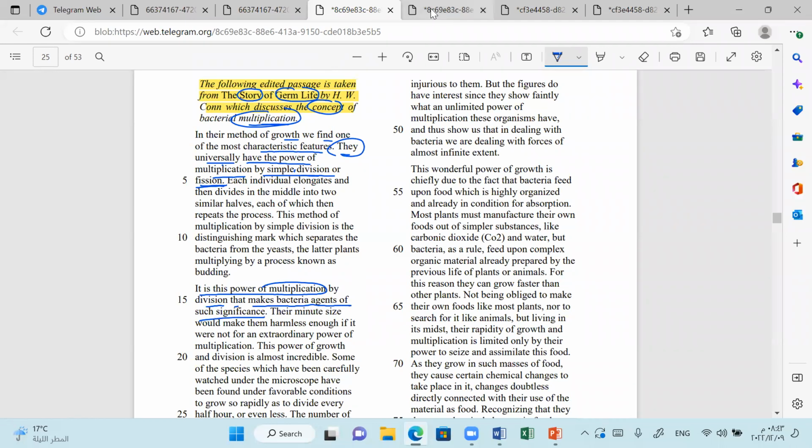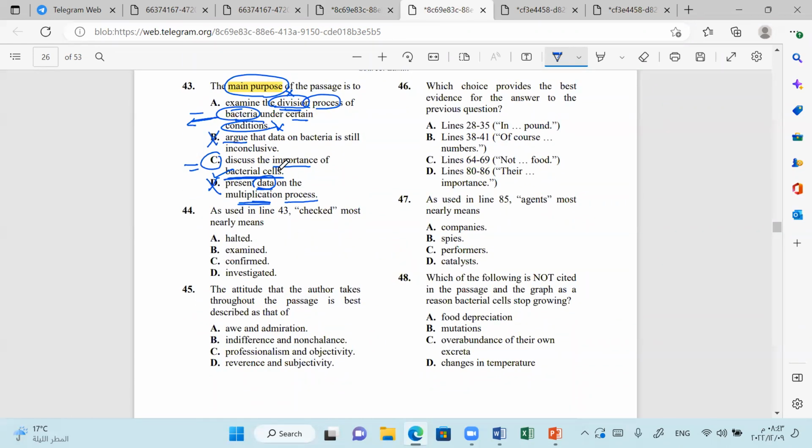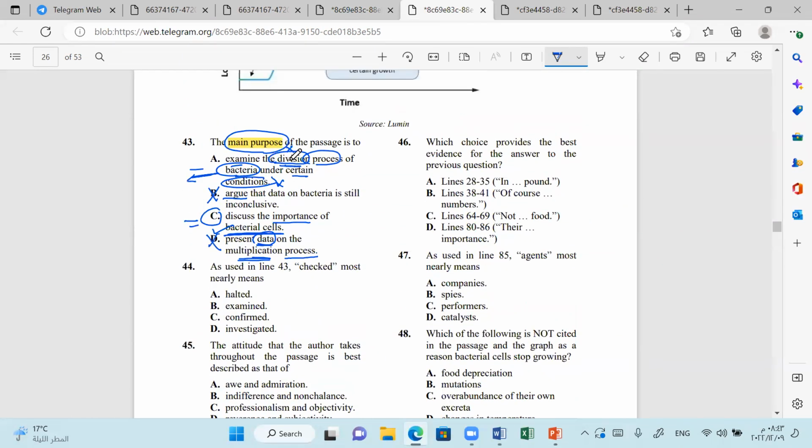Type. If we go back to the question, I have here, examine the division process of bacteria under certain conditions. This is very specific for a main purpose. If the division process were very important, it would have been referred to in the blurb. Is it clear?